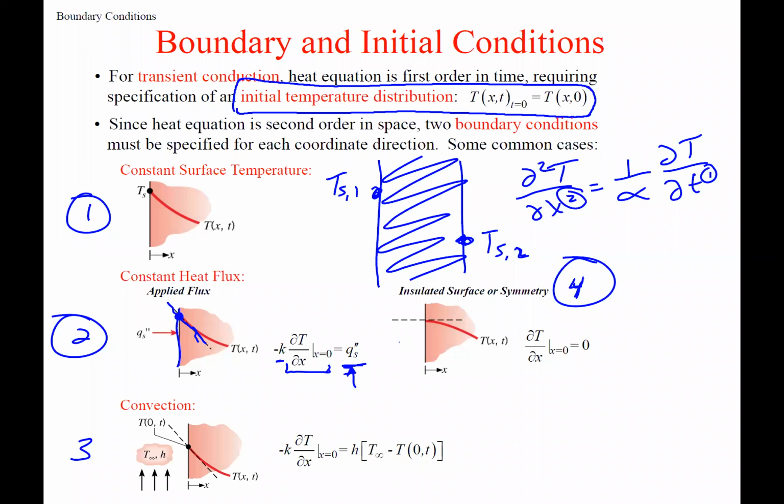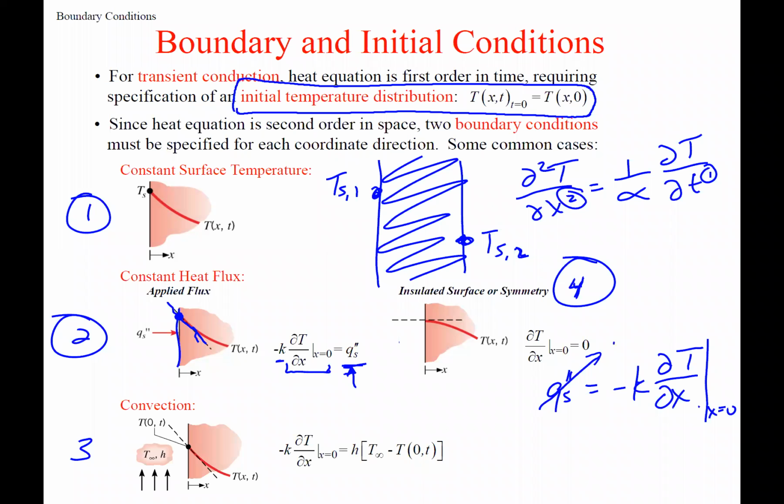Okay, all right, let's do 4-3 first. If we have an insulated surface, and we look at the heat flux equation at x equals 0, if it's an insulated surface, then we can't have any heat flux through it.